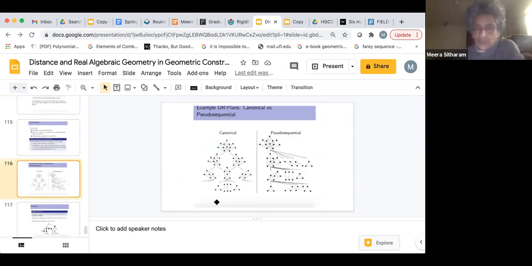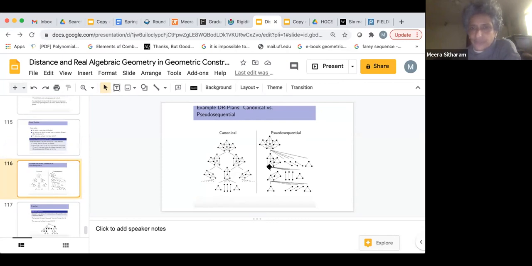For doing this, the algorithm relies on yet another twist of a canonical DR plan, which we call a pseudo-sequential DR plan. So it is a canonical DR plan, split up, with a twist. Here's a canonical DR plan.